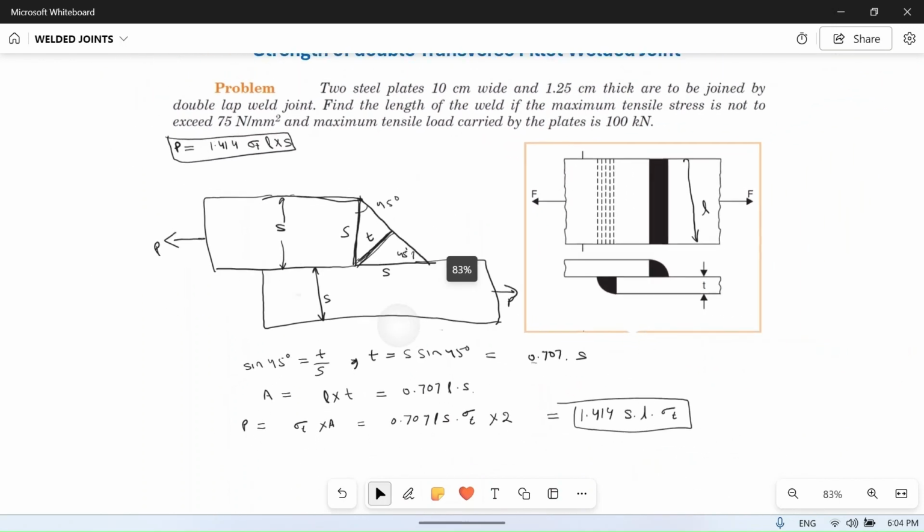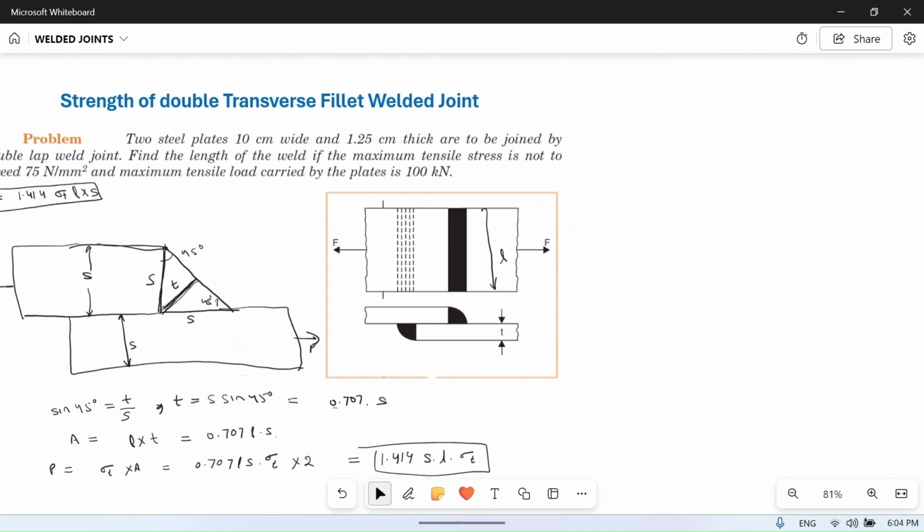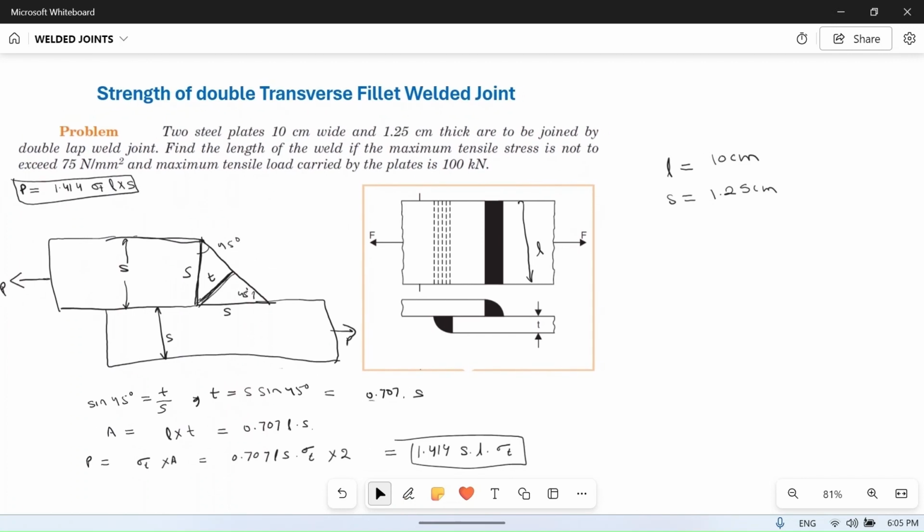Now from the question we will note the important parameters. The steel plate is 10 cm wide, so its length is 10 cm, and 1.25 cm thick, so the thickness of the plate S is 1.25 cm, to be joined by a double transverse welded joint.